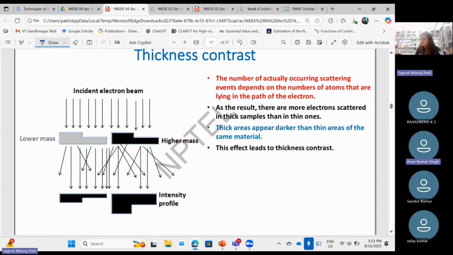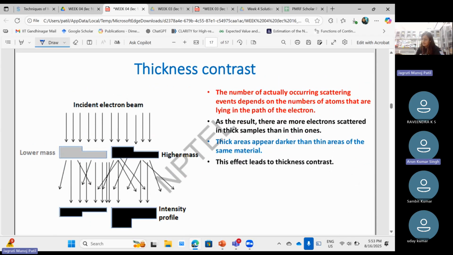Then we have the thickness contrast, the contrast due to thickness in your specimen. So thick areas will appear darker because electrons are scattered in these thicker samples. Electrons which are scattered through the thicker samples will need more energy to knock off the electrons out from there so that you get the detection back.